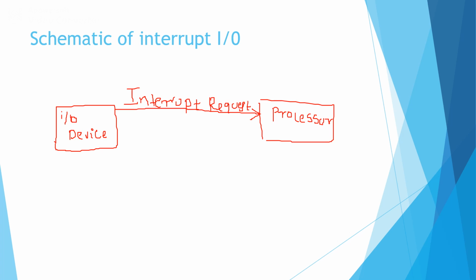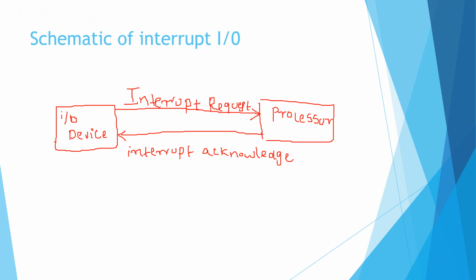In order to acknowledge this interrupt request, the processor will send the interrupt acknowledgement to the IO devices. So the IO devices can place the interrupt request on the interrupt request line.